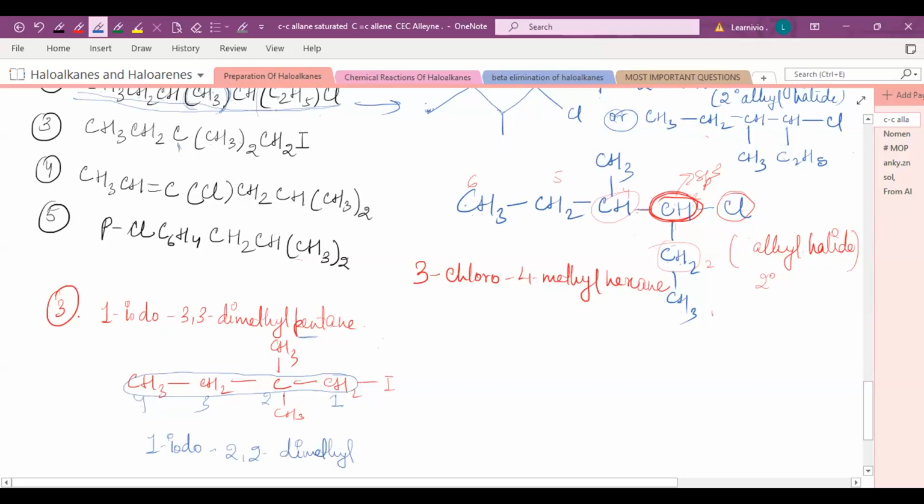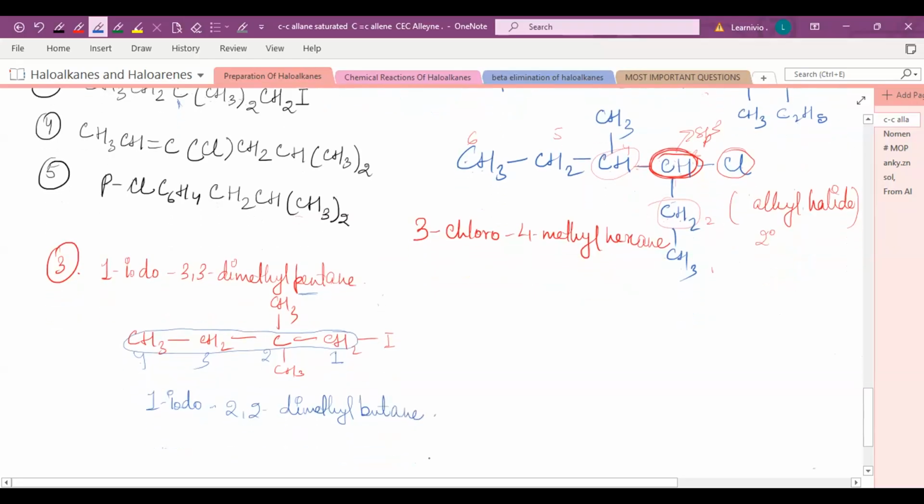How many carbon chain is there? 1, 2, 3, 4. Only 4 carbon chain is there. So we will use butane, not pentane. So it's 1-iodo-2,2-dimethyl butane. Just correct it.